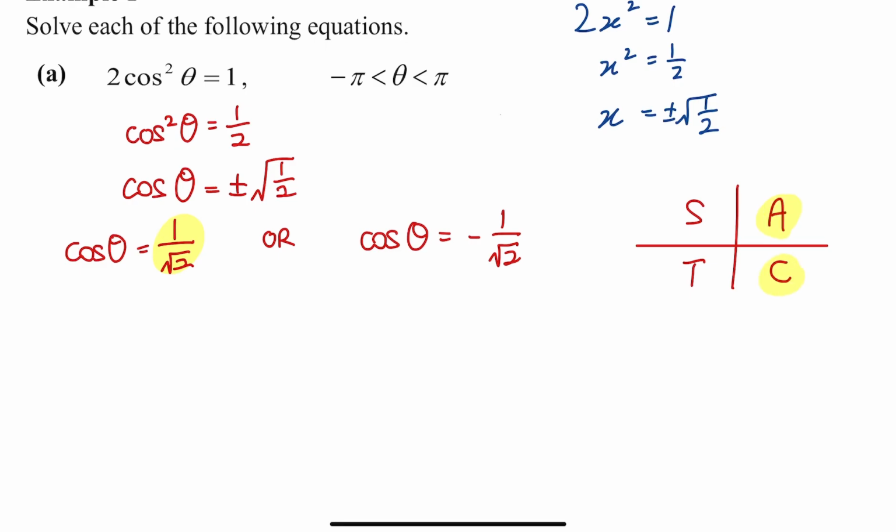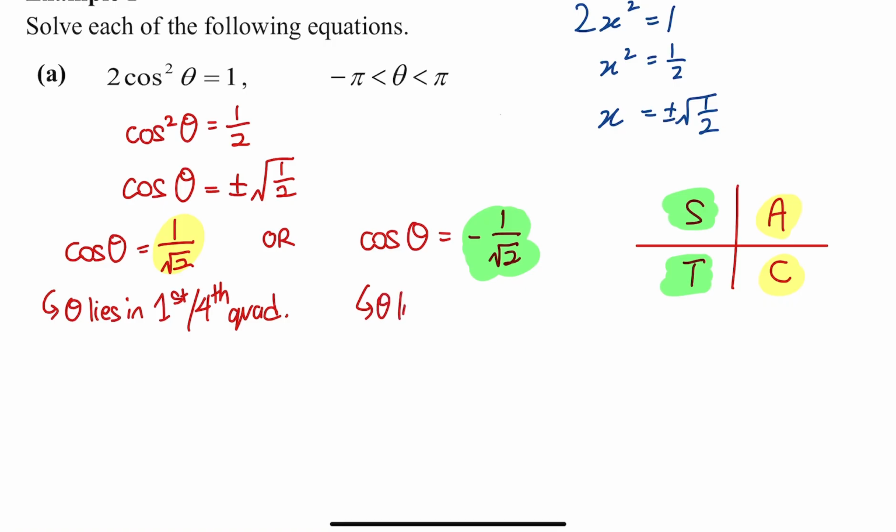Let's write that down. Here, theta lies in the first or fourth quadrant. Similarly, in this case, when cosine theta is negative 1 over root 2, this means it lies in the second or third quadrant. In this case, theta lies in the second or third quadrant.